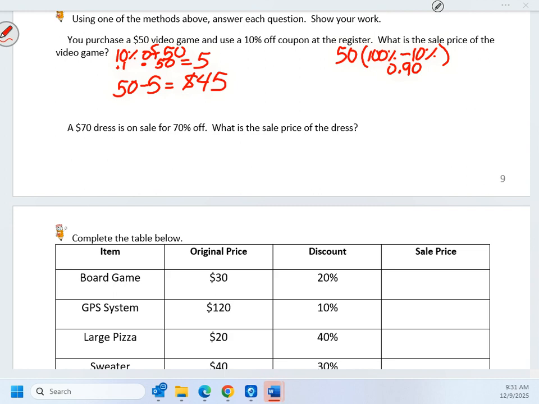So on the test, if you write the multiplication sign before the parentheses, would that be fine? Oh, absolutely. Joy's question is if you're writing it out on the test and you put a multiplication sign in there for you to remember that that means multiply, totally fine.